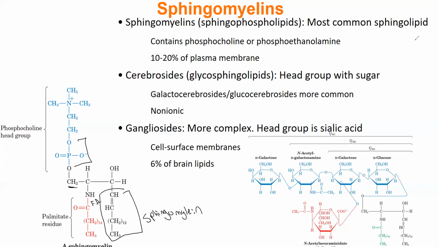You can have different types of sphingomyelins that have different head groups right here as well. So you can have phosphorylcholine, which is being shown. You can also have phosphoethylamine. So what's attached to the phosphate can actually change as well. And like I said, they're common. So 10 to 20% of your plasma membrane is made out of these molecules.